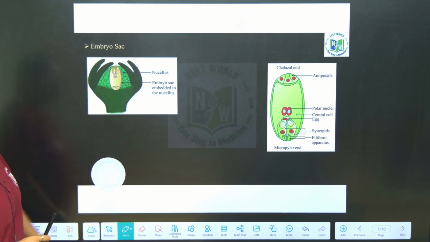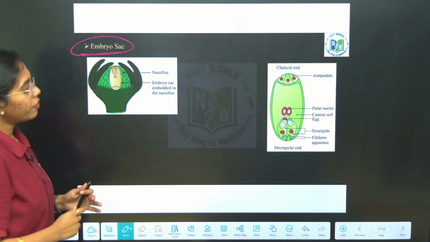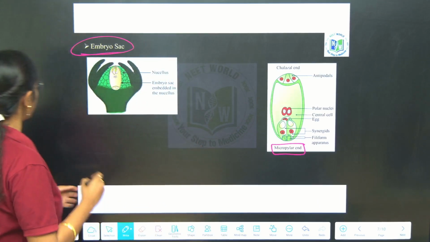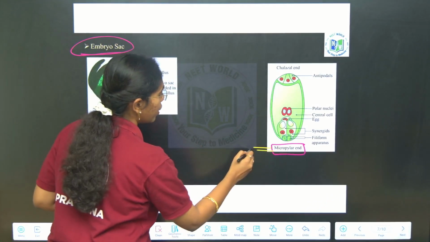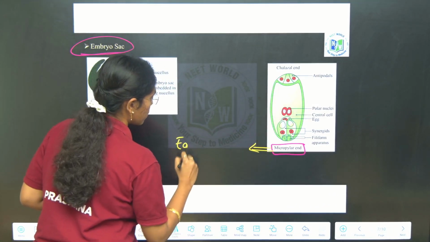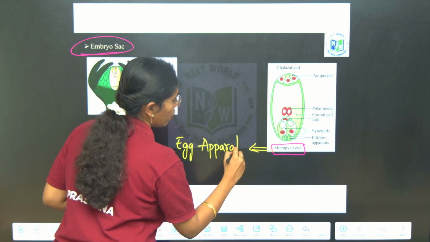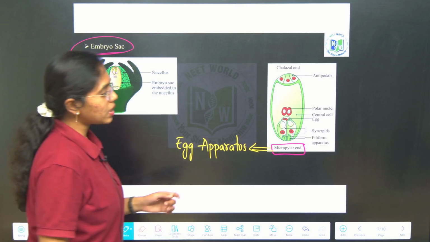Now you see the structural description of the embryo sac. First we will look at the micropylar end, where you have the egg apparatus, in which 2 synergid cells are there.